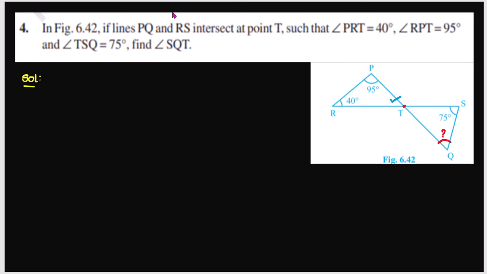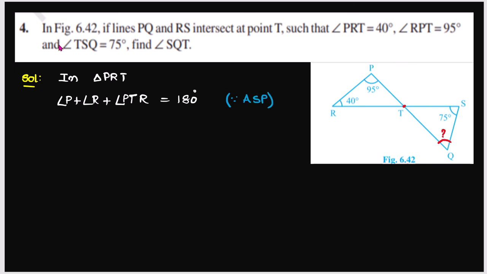So let us proceed. What do we have to write here? In triangle PRT, angle P plus angle R plus angle PTR is equal to 180 degrees. We have to mention specifically angle PTR because at that point two angles are there. This is due to the angle sum property of a triangle.